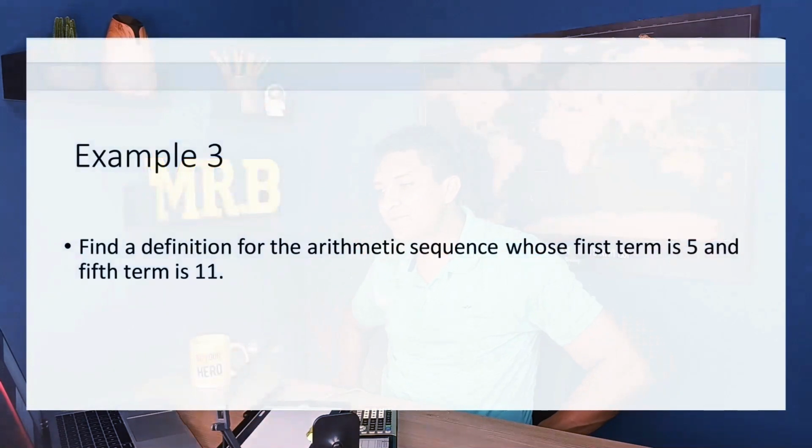Let's go to the next example, which is going to be the last that we're going to solve. It says, find a definition for the arithmetic sequence whose first term is 5 and the fifth term is 11. So notice something here.